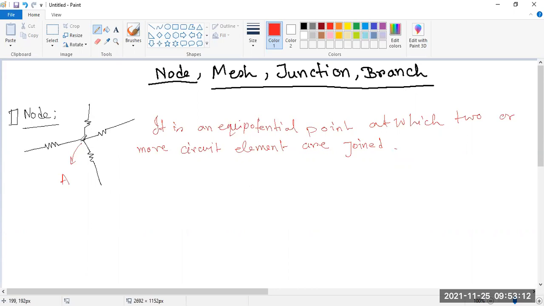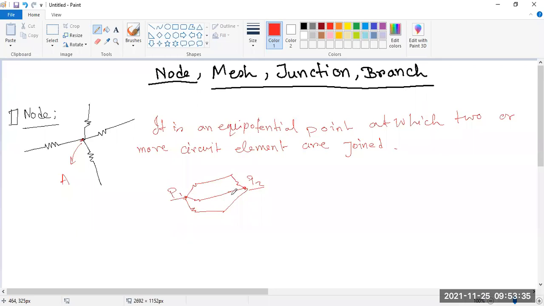Look, this point is called a node, and the potential is called equipotential, because we know if there is a junction or node, then say this is a circuit element going on, and this potential is P1 and this is P2.